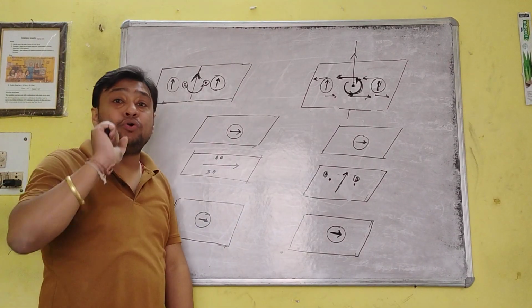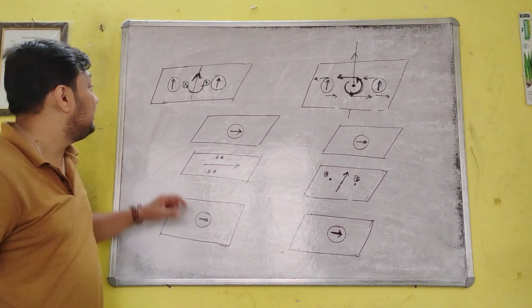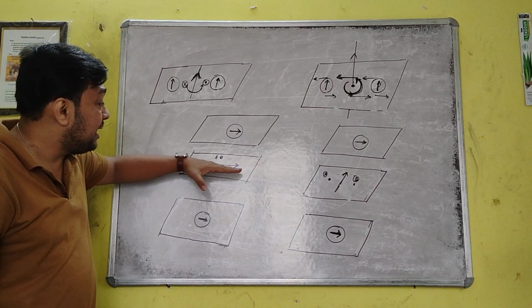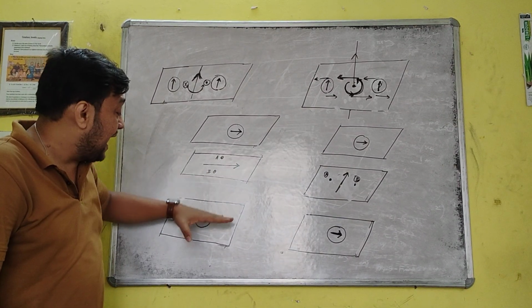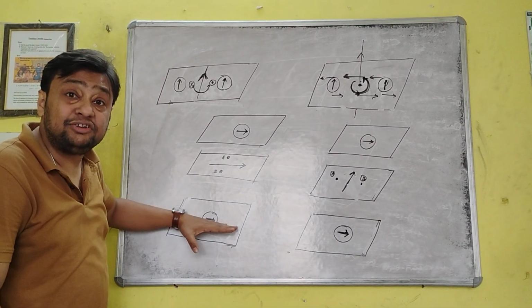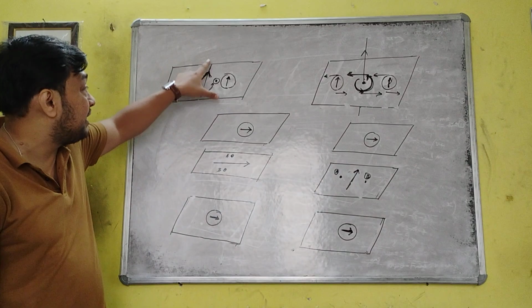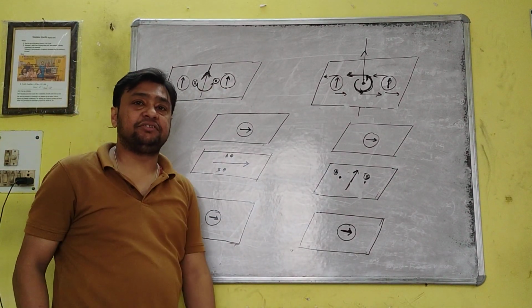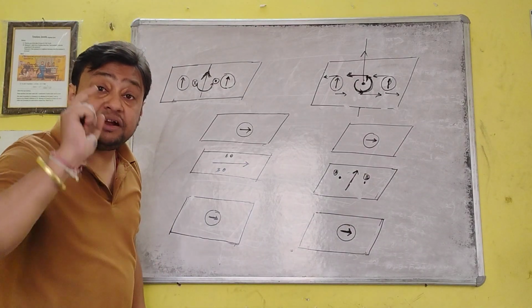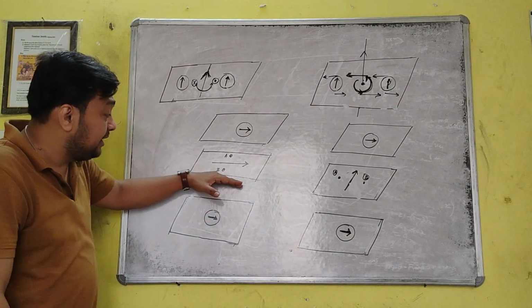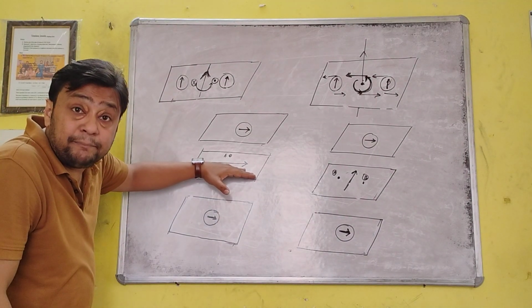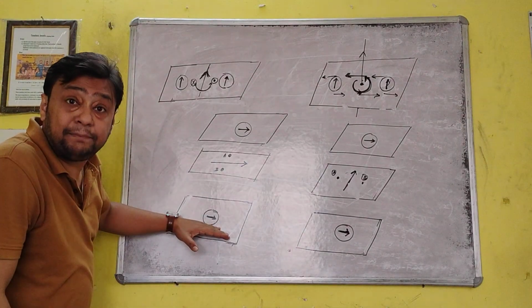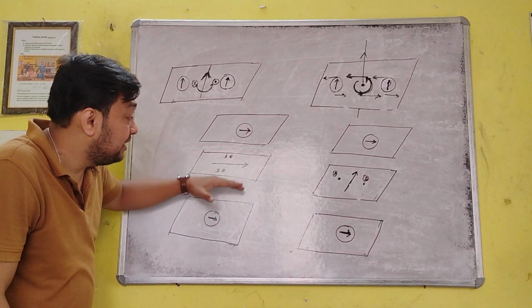Now it may look like the first case, that the current carrying conductor and the needle of the compass are parallel, because in the first case also the current carrying conductor and the needle were parallel. But the difference is there. What is the difference? The difference is that here the plane of the current carrying conductor and the plane of the needle are different.